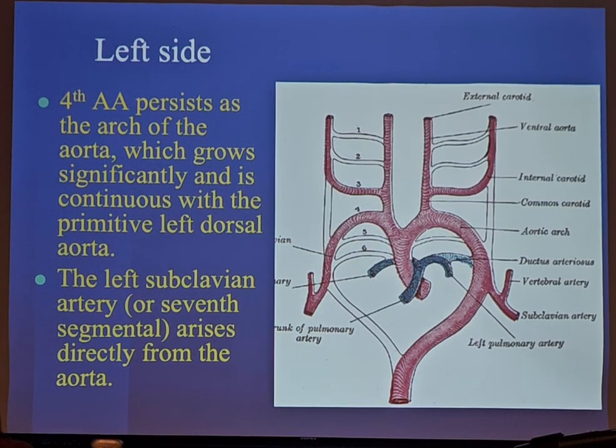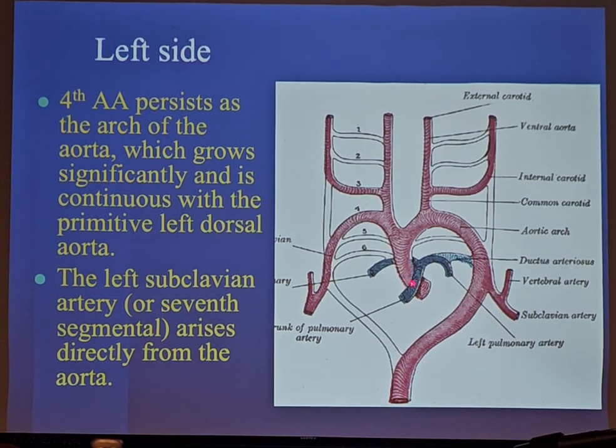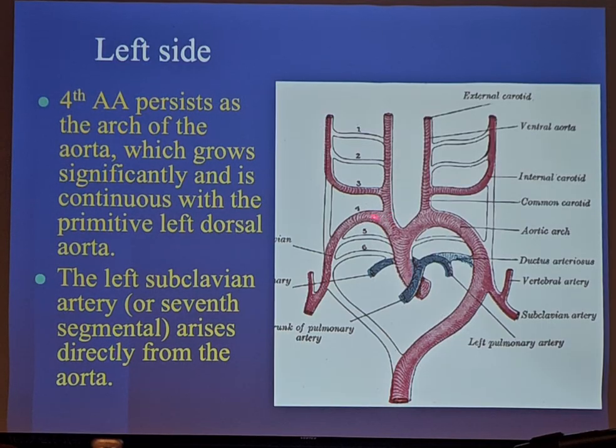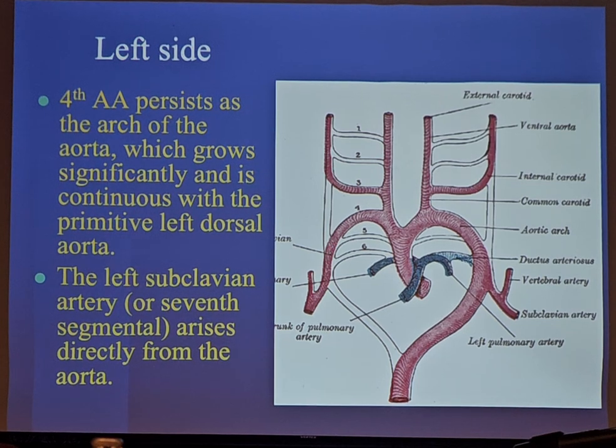So on the right side, because the dorsal aorta at this segment has disappeared from the trunk, you can see the ventral aorta, fourth aortic arch. This fourth aortic arch becomes the subclavian artery on the right side.